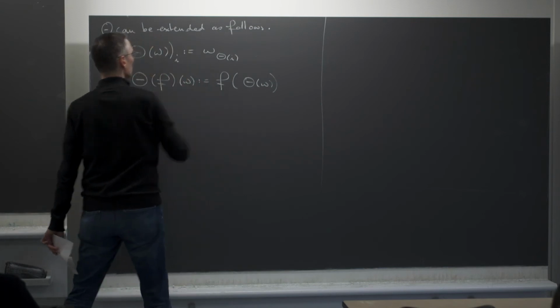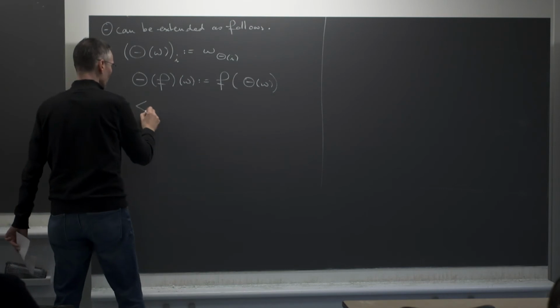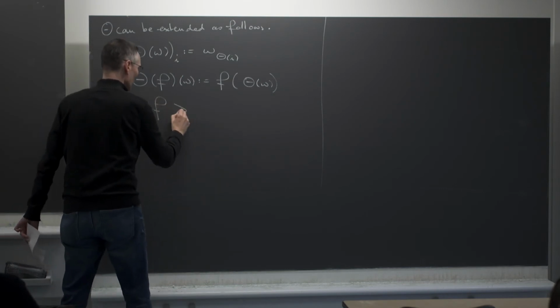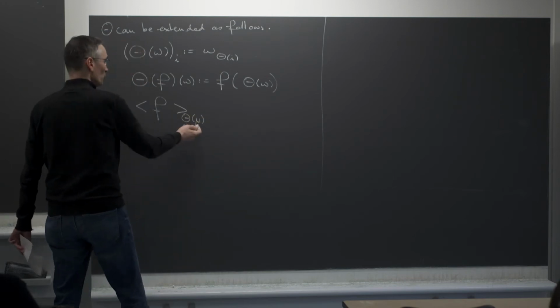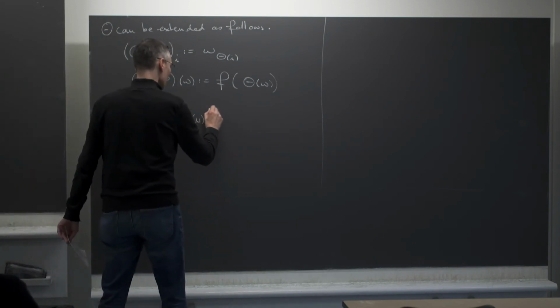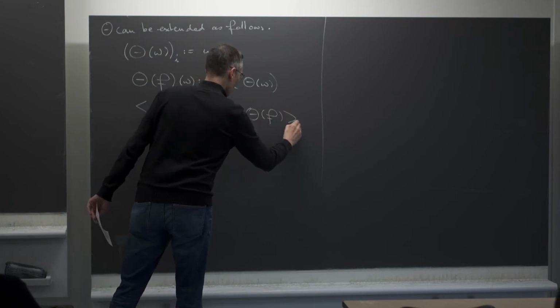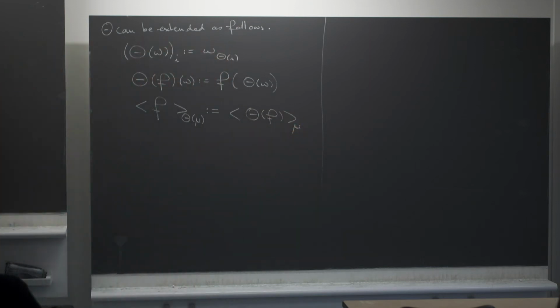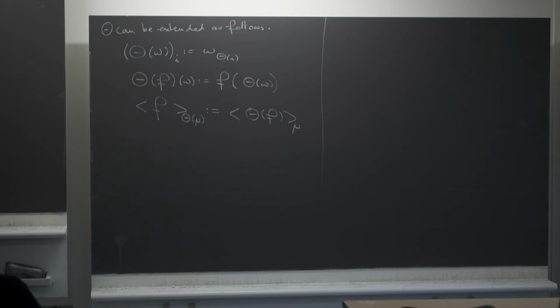So these are definitions. And then for measures, the same. So if I want, say, the expected value of f under some measure theta of mu, where mu is a measure on the set of configurations, this is defined as the expected value of theta f with respect to mu. So the natural extension of theta to configuration, functions and measures. This is what I wanted to say about the reflections.